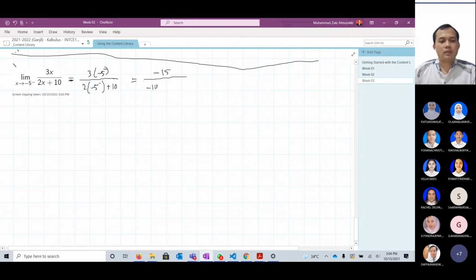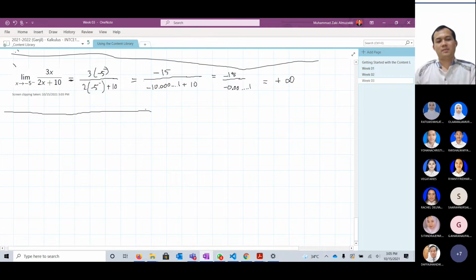So we have -10.0001 plus 10, which is something like this, -15 over -0.00 something 1, which is equal to positive infinity. Is it clear? Yes, Sir. Any question?